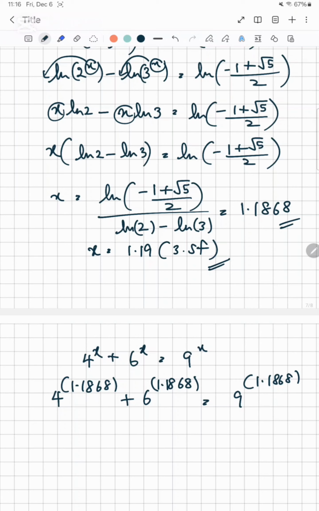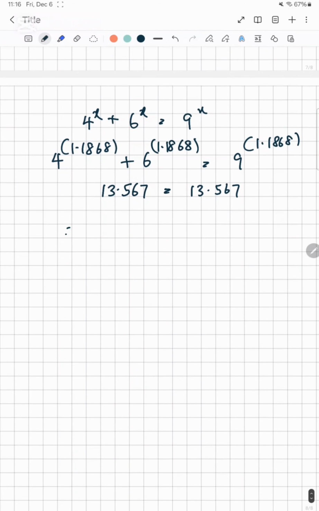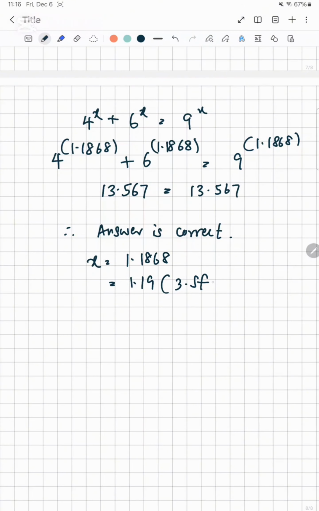The left side is 13.567. Now let's check the right side, and the right side is also 13.567, the exact same thing. So therefore, the answer is correct, and you can write x equals 1.1868, or 1.19 to 3 significant figures.